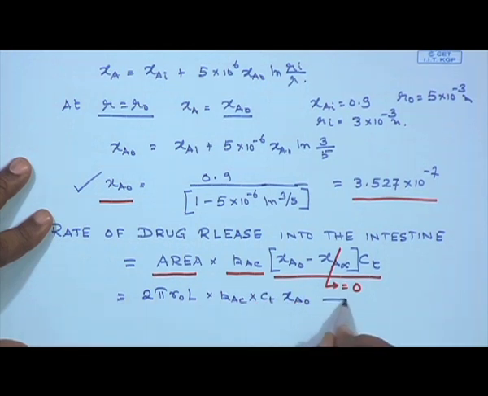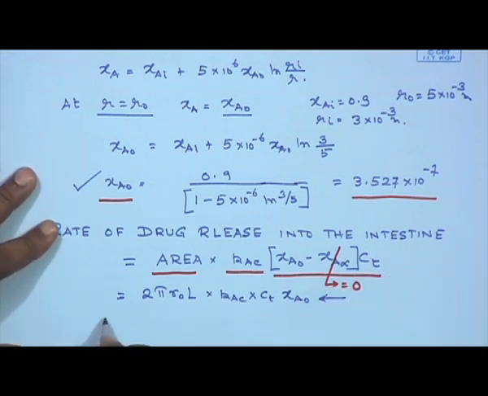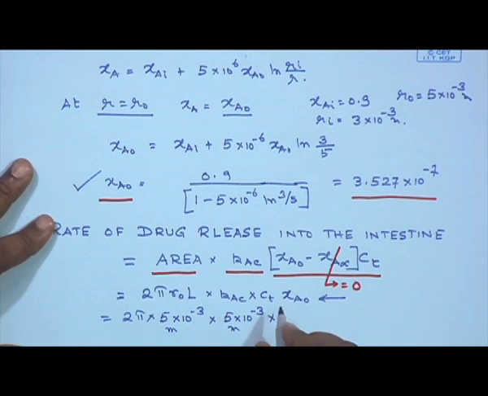So, this is the total amount of drug which gets dissolved in the intestine, and when you put the values in here, twice pi times R naught is 5 into 10 to the power minus 3 in meters, L is again 5 into 10 to the power minus 3 in meters. The value of K_AC is provided as 0.1, in meter per second.